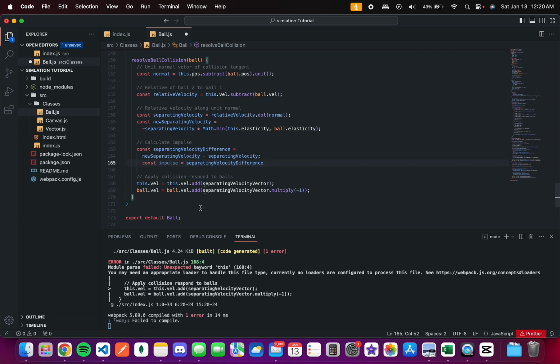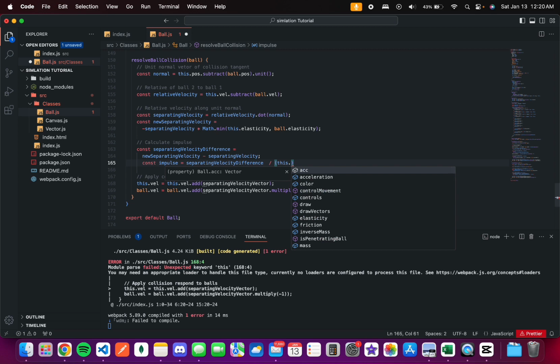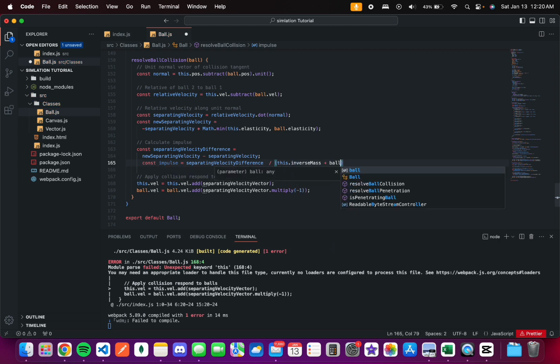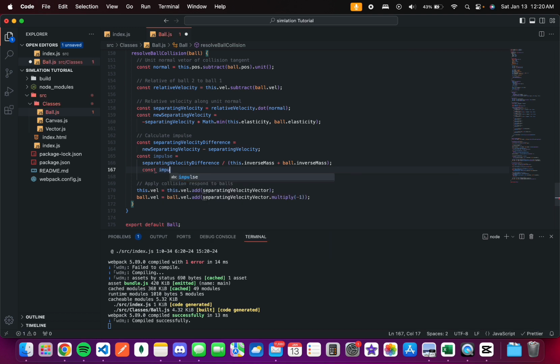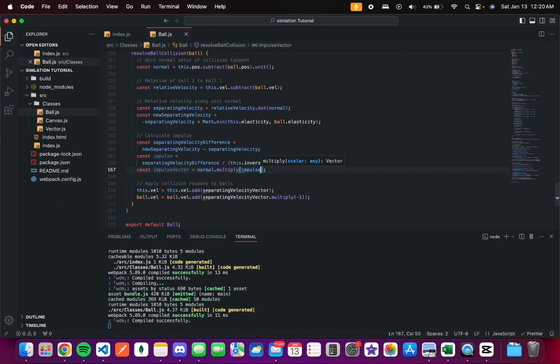But, so that's that. And then we essentially do the same thing as what we did before. This.inverseMass plus ball.inverseMass. And then we calculate the impulse vector, which goes in the same direction as the normal, not the unit normal though. And then we multiply it by impulse, like that.